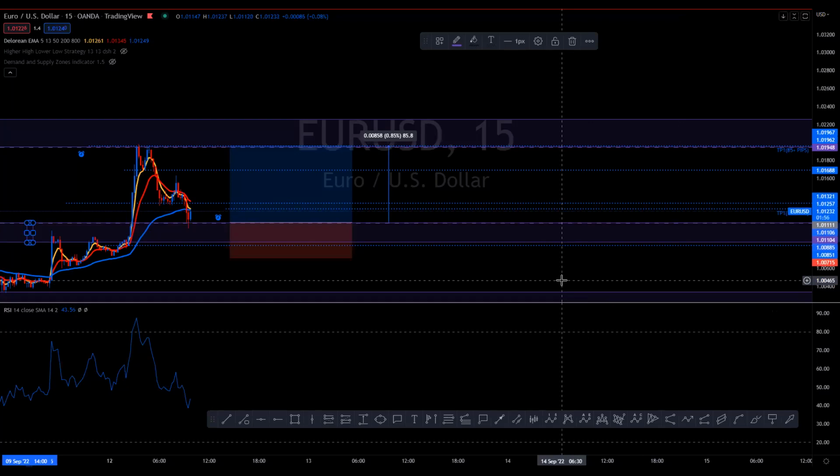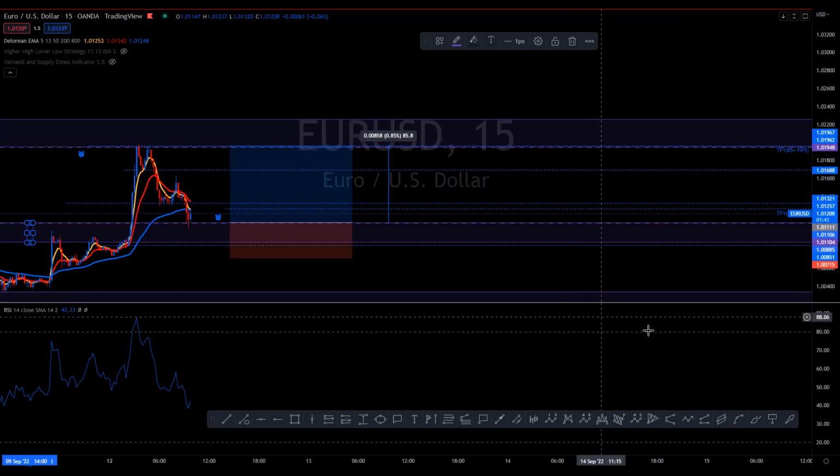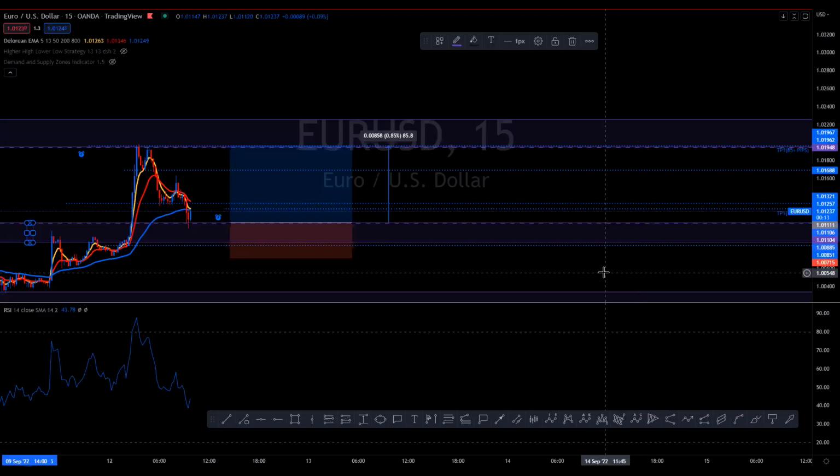I might wait for the next candle, but I might be getting in soon here. Let me wait for the next candle. We got less than 10 seconds before the 10 o'clock candle closes. If it closes above, I'm just going to get in.